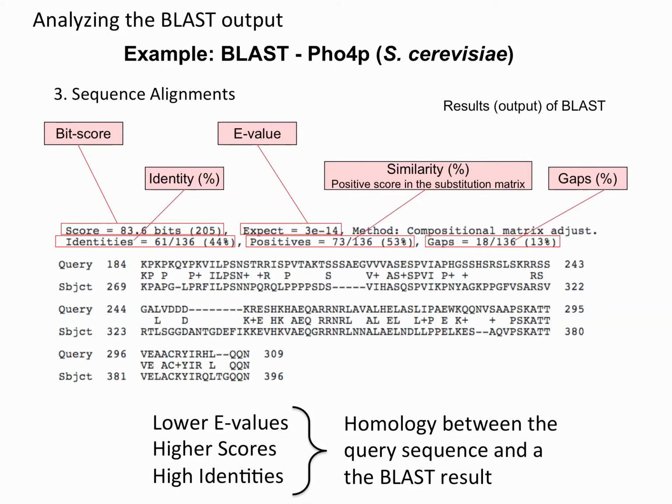Finally, we have the alignments of our query with each of the sequences that significantly match our sequence. Each alignment has a bit score associated, which is a measure of similarity between the hit and the query.